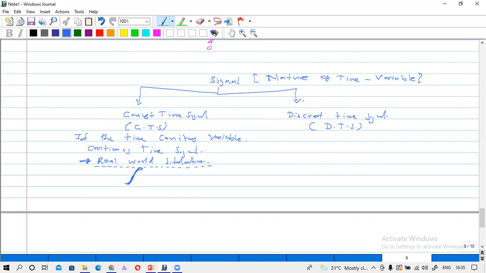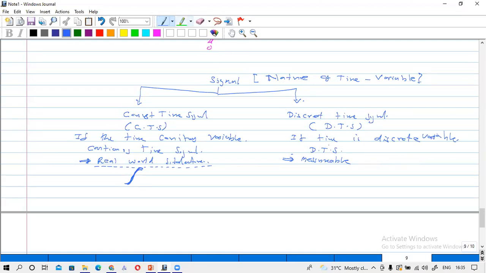But if you consider discrete time values, that means if the time is a discrete variable, we call it a discrete time signal. Actually this is not the real world situation, but it is the measurable or implemented situation.